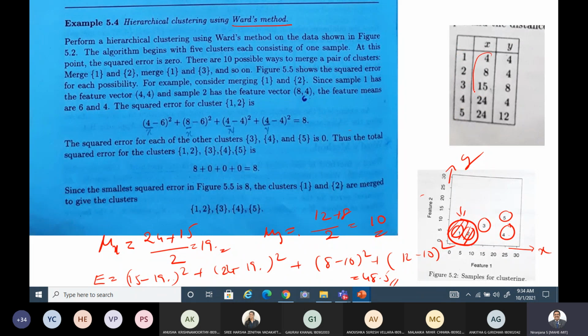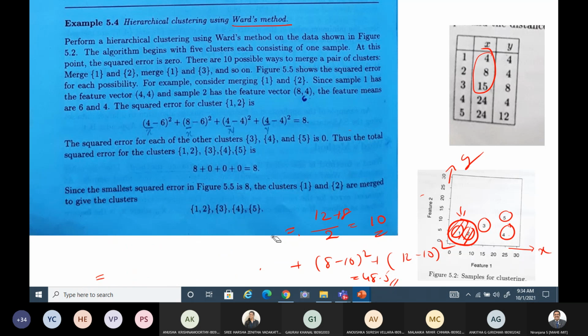Mean of x, mu x, is 4 plus 8 plus 15 by 3, correct? Which is how much?